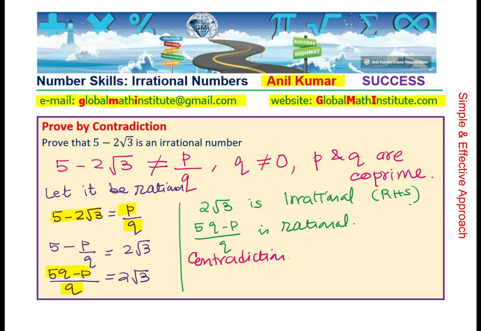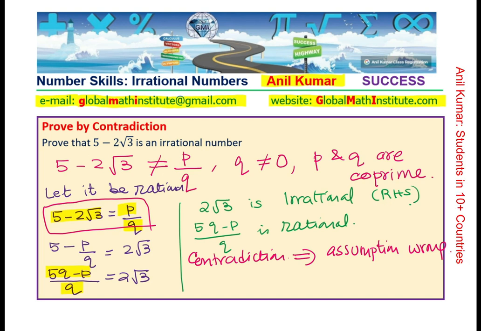From the contradiction, we can say that what we assumed is wrong. So the assumption is wrong, and this implies the proof. Hence proved that 5 minus 2 square root 3 is irrational. Makes sense?